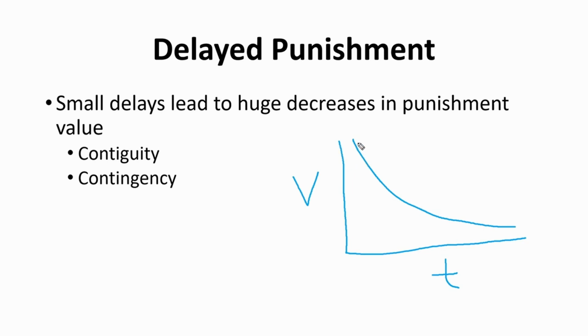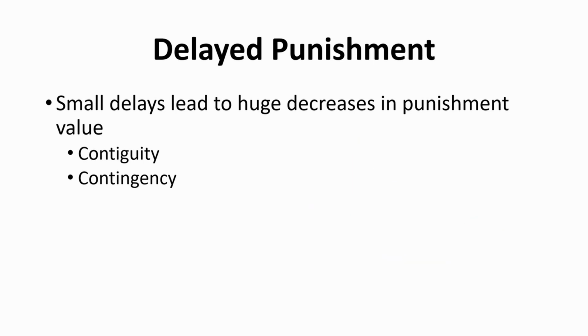So an immediate punisher is a lot more intense and paid a lot more attention to, or I guess we can say it has a higher value than the same intensity of punisher, but off in the far future. So as there's a time delay, we sort of devalue that punishment. So it has a less strong effect on our behavior if it occurs after a delay of time.